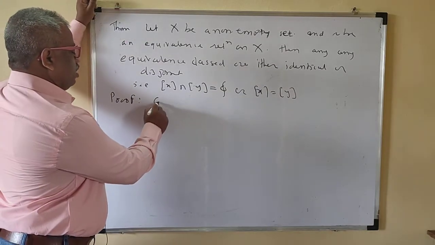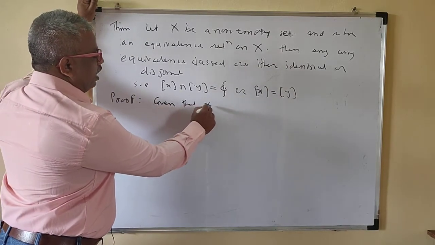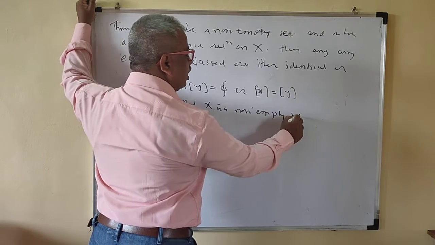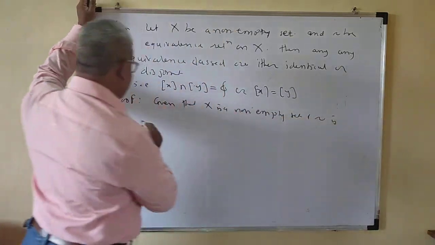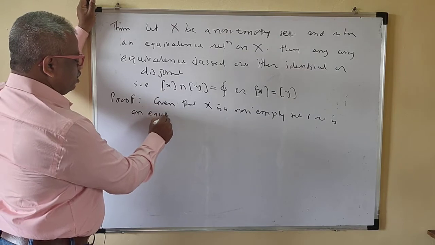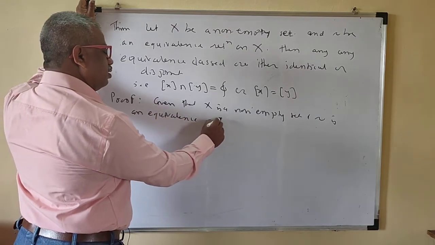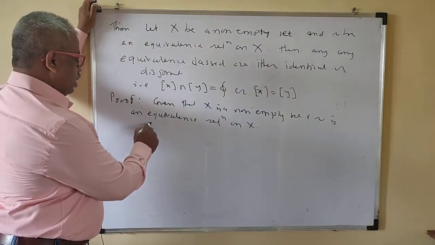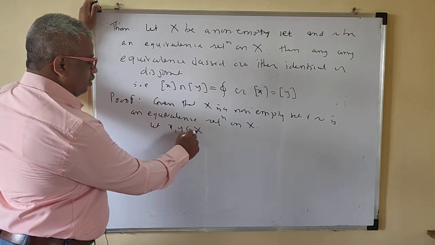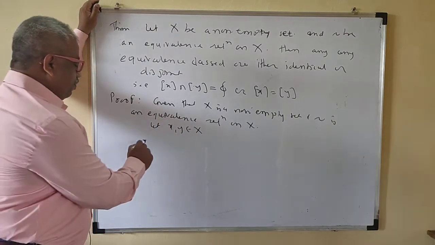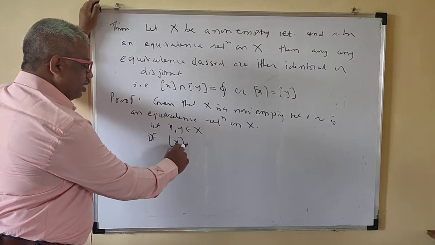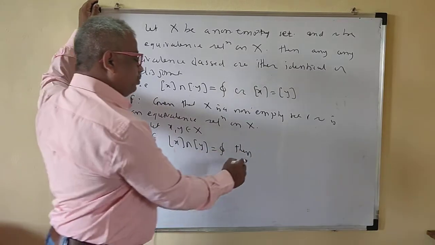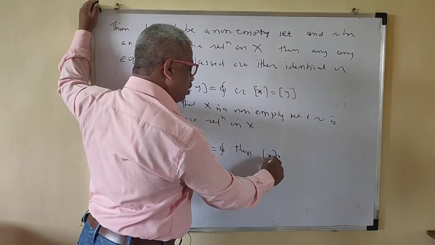So, proof. Given that X is a non-empty set and tilde is an equivalence relation on X. Let me take two elements, X and Y. If the intersection is empty, then the classes are not equal.